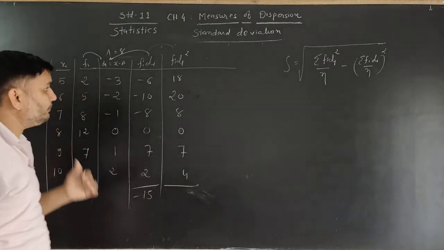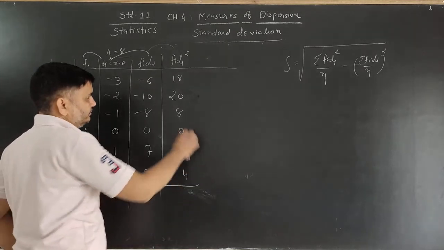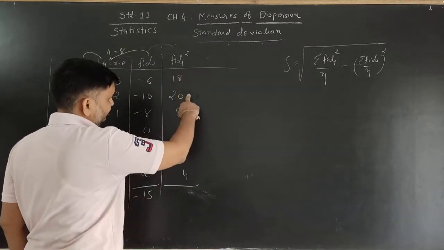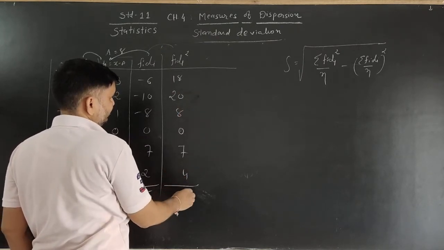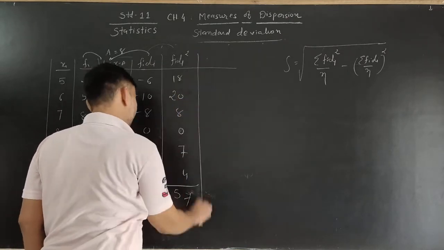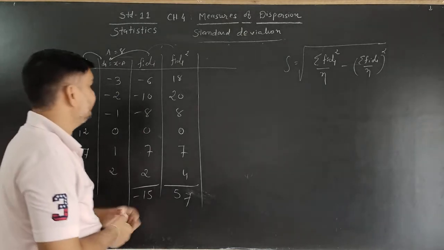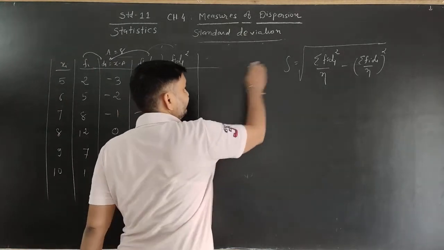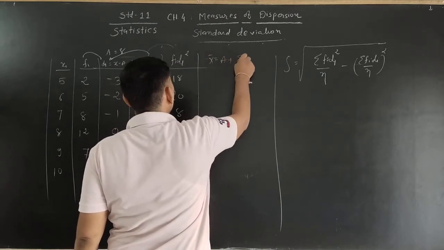So 20 plus 18 plus 8 plus 7 plus 4 is 57.